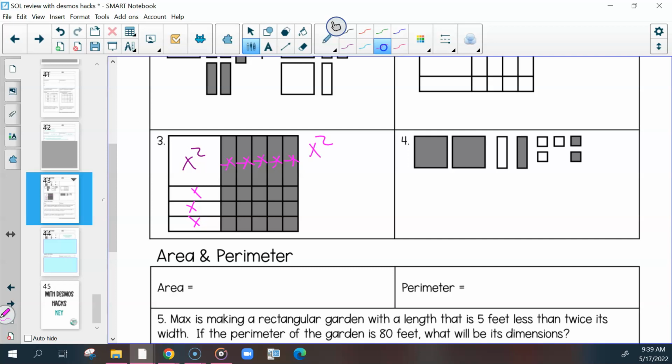So I have x squared minus 2x. And then how many of these do we have? Negative 3. And that would be your answer.